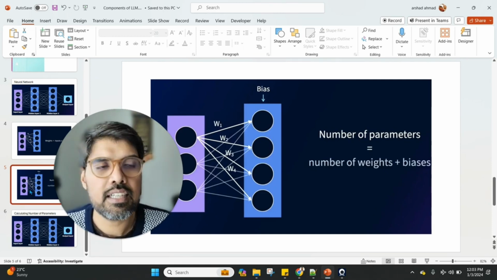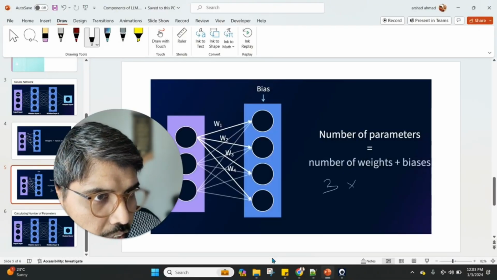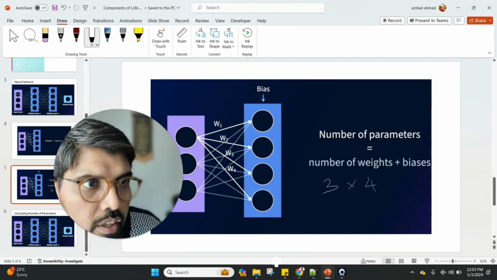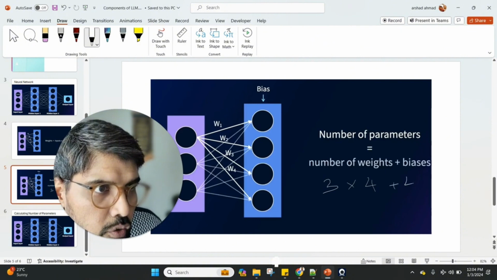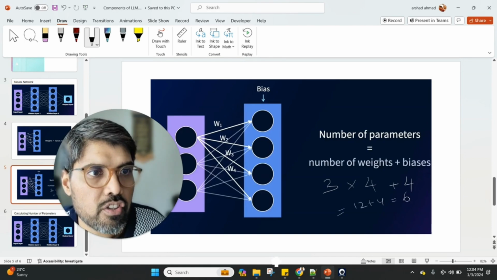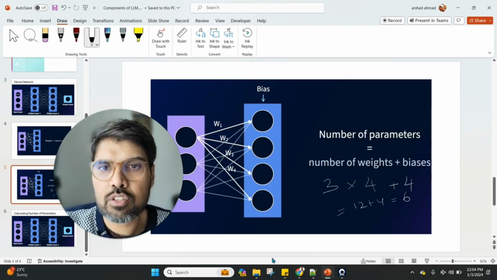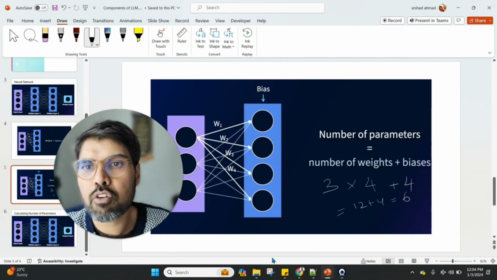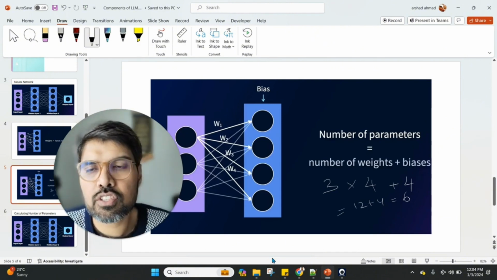This means for this particular scenario, it will be 3 into 4, because this is the weight, plus 4. So here it is going to be 12 plus 4, which is 16. So for this diagram, the number of parameters is 3 times 4 plus 4, which is a total of 16.